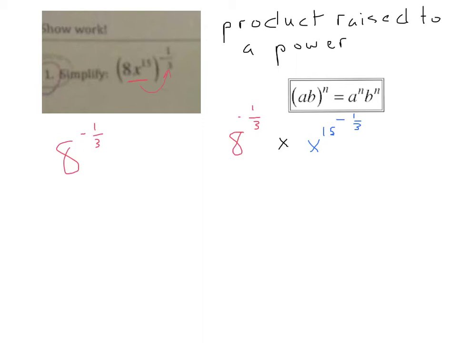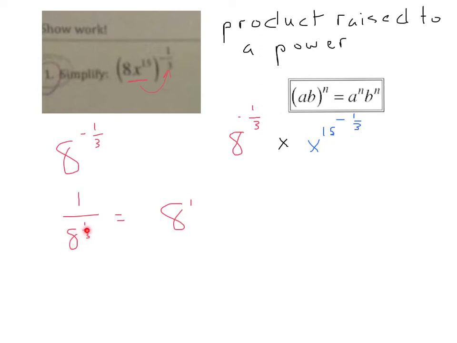So let's go ahead and write that as 1 over 8 to the 1/3. And then what happens when we take something to a fractional exponent? Well, when we take something to a fractional exponent, we're going to start with the numerator, and we're going to raise the base to the numerator, so 8 to the 1. And then the denominator of the fraction is the root that we're going to take.